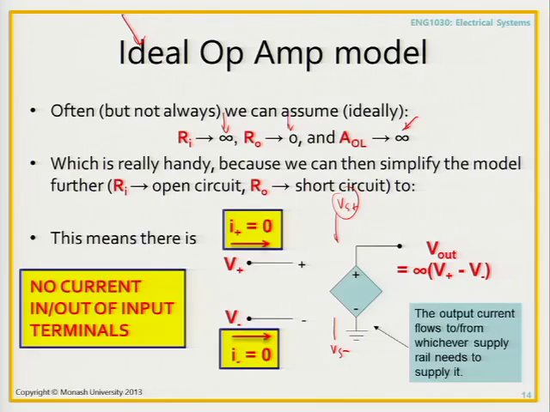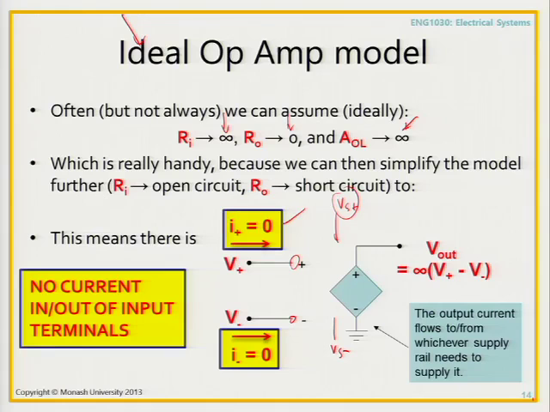Okay, so here is the first implication of this ideal op amp model. If it's in yellow and it's big, bold red writing, it's important. The important thing here is that because these are open circuits, with nothing connected here and nothing connected here, no current goes in or out of these terminals.